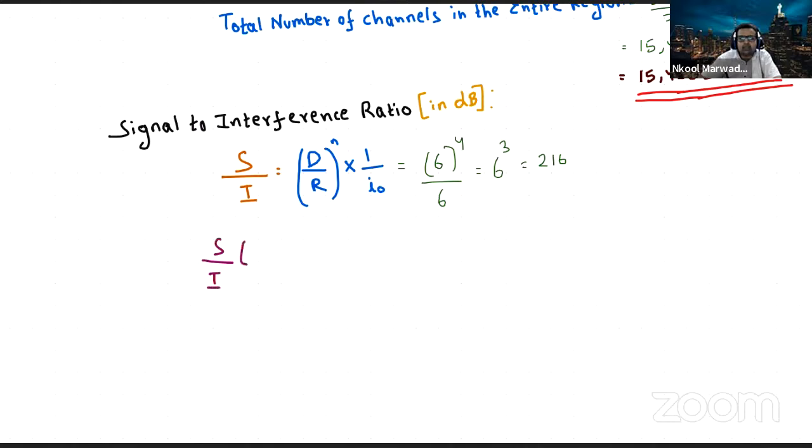S by I in dB is equal to 10 log base 10 of normal S by I. So it will become 10 log base 10 of 216.